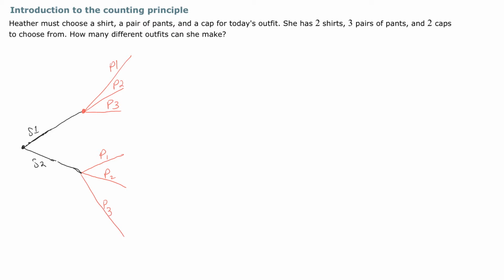Now she needs to pick her caps. So how many caps does she need? She only gets to wear 1, but she has 2 to choose from. So we could have cap 1, cap 2, cap 1, cap 2, cap 1, cap 2.